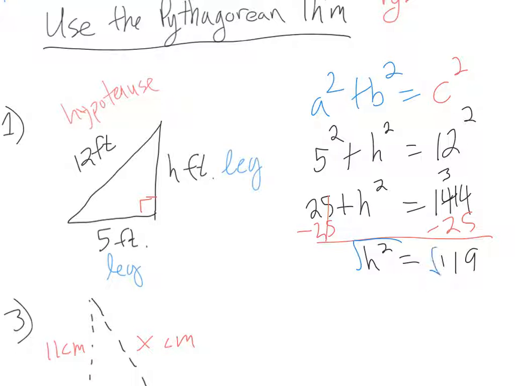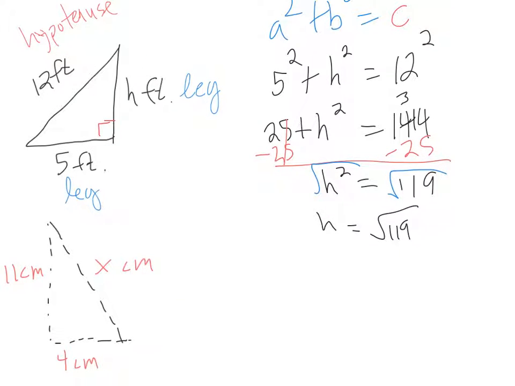We've got to take the square root of both sides, and h is equal to the square root of 119. You could leave it like that, or if you wanted to approximate it using a calculator, you would find that h is approximately 10.91, and this was in feet, I believe. So I'll accept either answer here, circled in red.